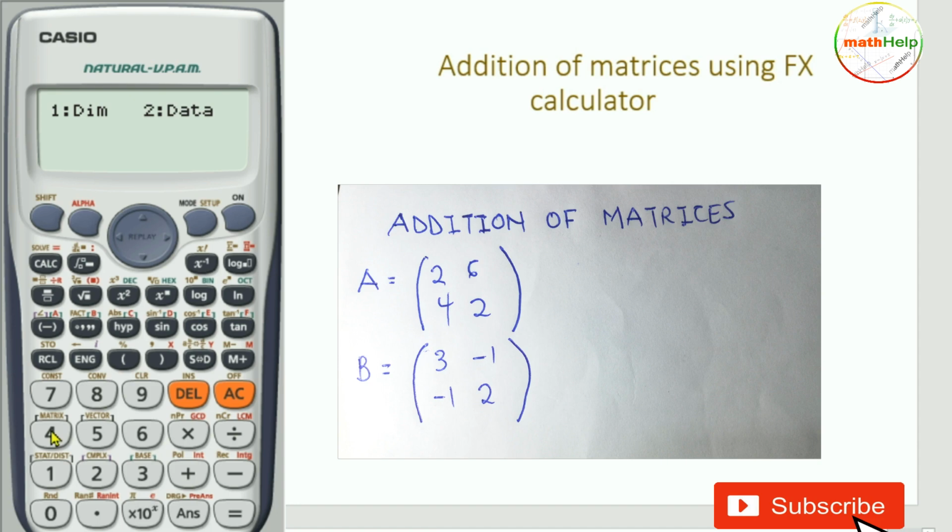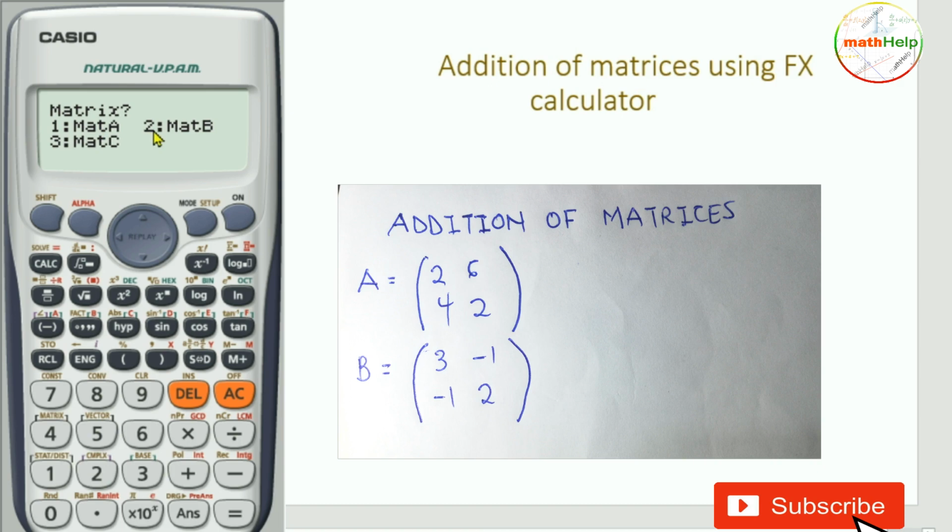Dim is dimension, but we need data because we are entering data. So we choose 2. Now we have been given matrix A, matrix B, matrix C. We've already entered the values for matrix A, so we choose matrix B.